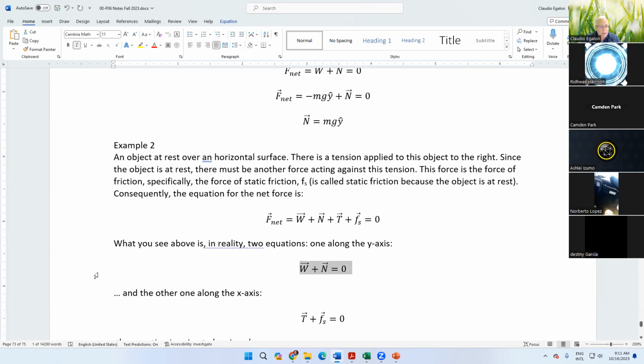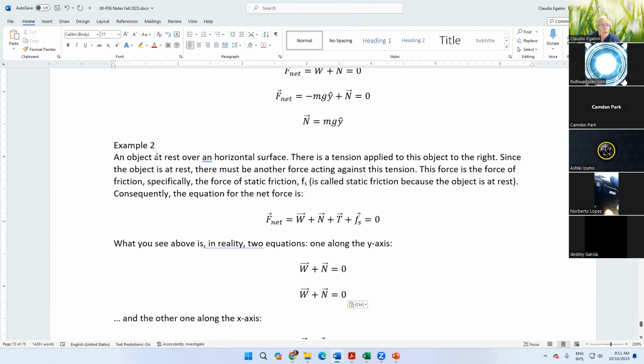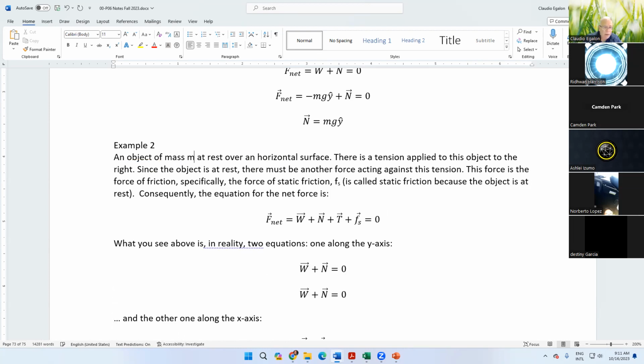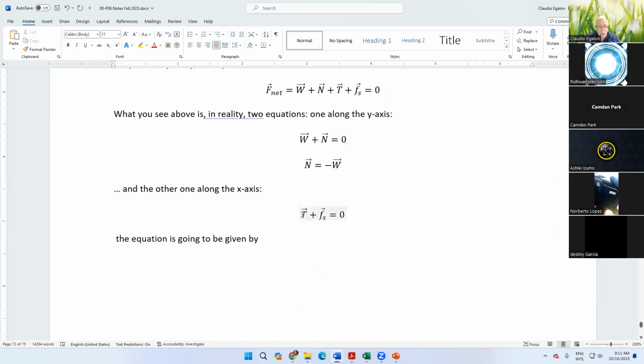Okay, when we solve that for the normal, for an object of mass m, since we know the mass, we know the weight, right? And then we solve for the normal, we get something like that. And let's say we know what the tension is. If we have to find the force of static friction, we get something like that.